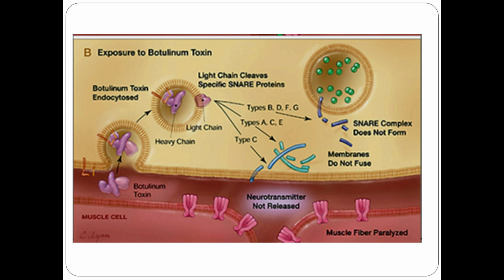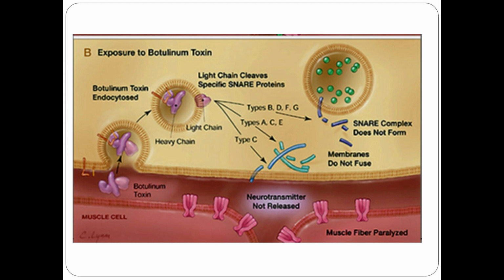Now let's see the same scenario in pictured form. As we can see, the toxins are endocytosed in the vesicles through the heavy chain. Now the light chain of the toxin will cleave the various proteins as I said earlier. The toxins have been divided from type A to type G, so the different toxins will attack different types of proteins.